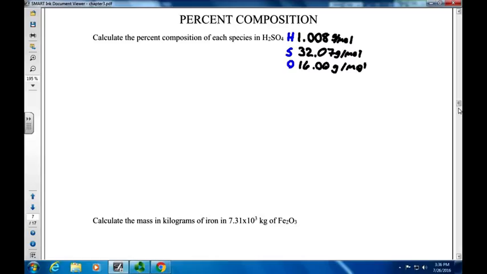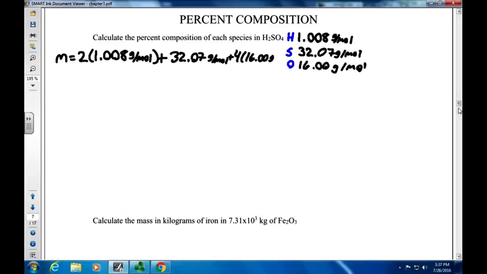From there, we can determine the molecular mass of sulfuric acid. So our mass is equal to 2 times the mass of hydrogen plus the mass of sulfur plus 4 times the mass of oxygen, the molar mass of oxygen.